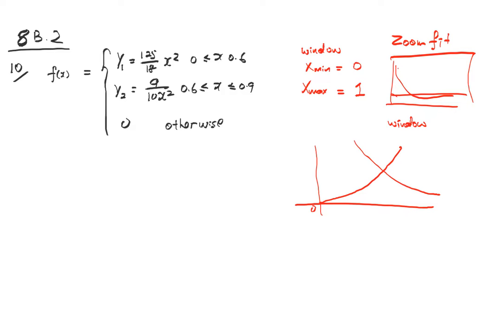The intersection point is the cutting point. So this is my y2, this is my y1. So listen, it happened that the intersection point is the cutting point. Sometimes it's not. So if it's not, then what should we do? You go and figure it out.